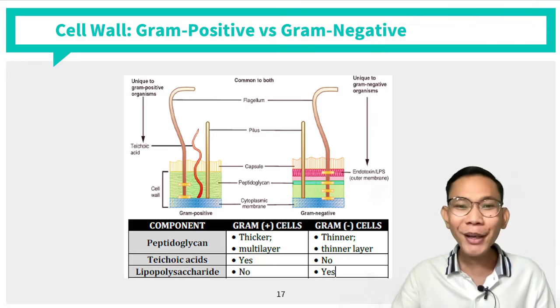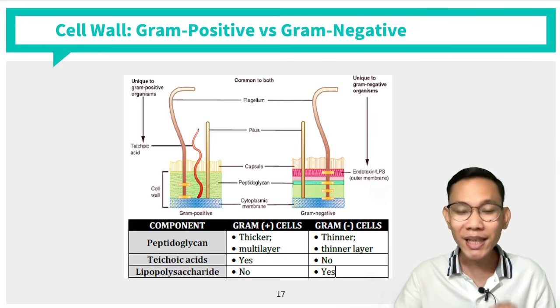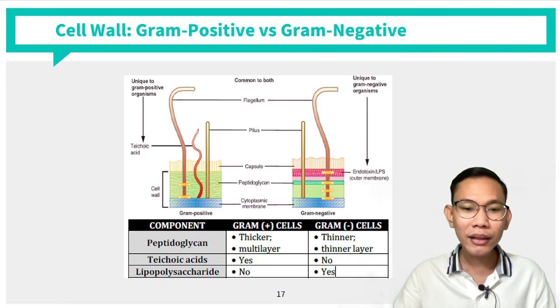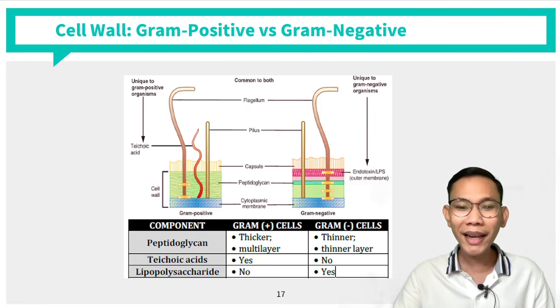So let's compare now your gram-positive versus gram-negative based on what we discussed a while ago. For easy comparison, again, the components: peptidoglycan, teichoic acid, and lipopolysaccharide. Your peptidoglycan in your gram-positive cells is thicker and multi-layered. How about in your gram-negative cells? It is actually a thinner layer.